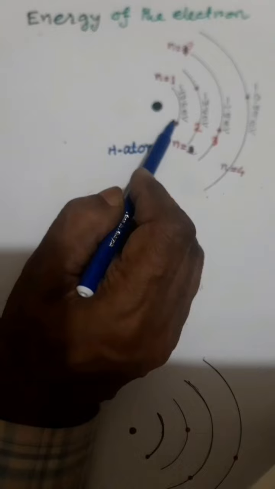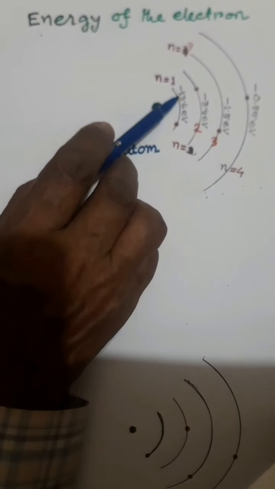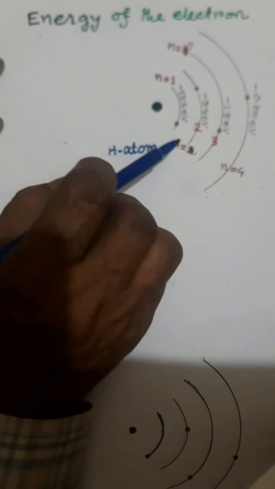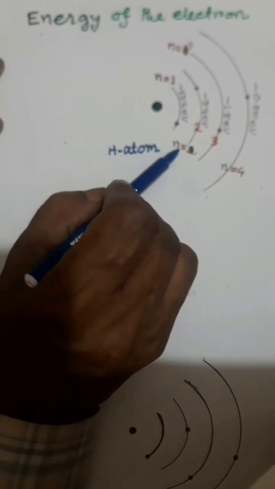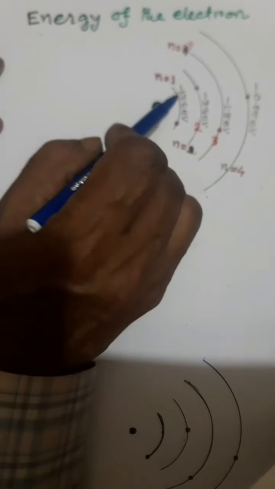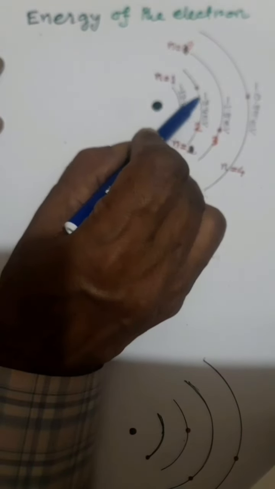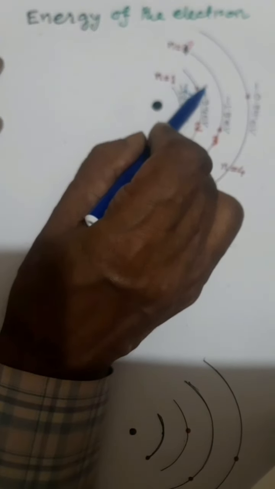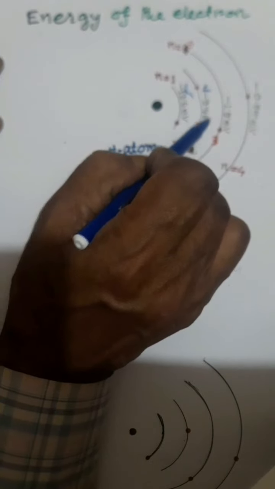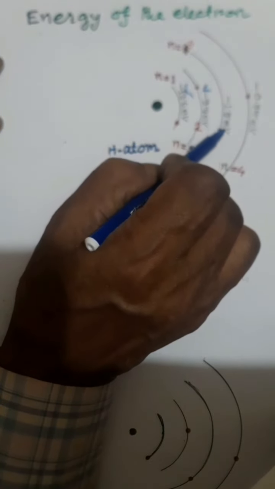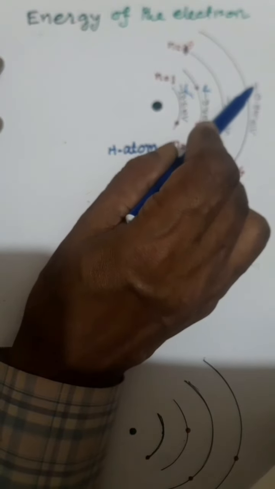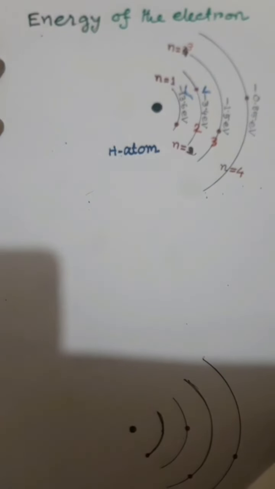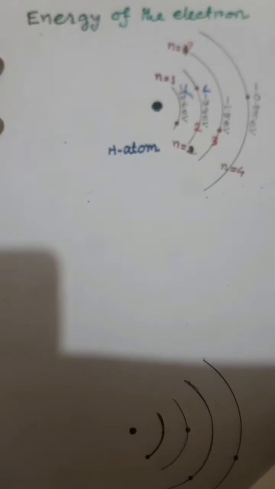Knowing the value of E1, minus 13.6 electron volt, we may find E2, E3, E4, etc. E1 is minus 13.6 electron volt, then E2 is minus 3.4 electron volt, E3 is minus 1.5 electron volt, E4 minus 0.85 electron volt. E1 is called ground state energy.